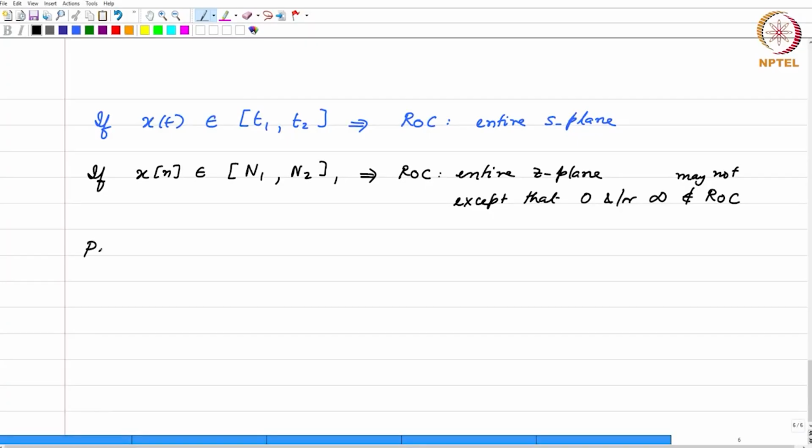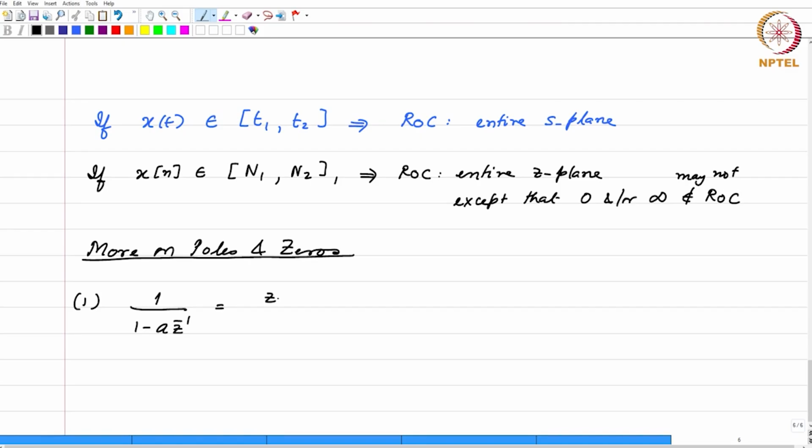Now let us get a feel for poles and zeros a little further. Suppose you had 1 by 1 minus a z inverse.